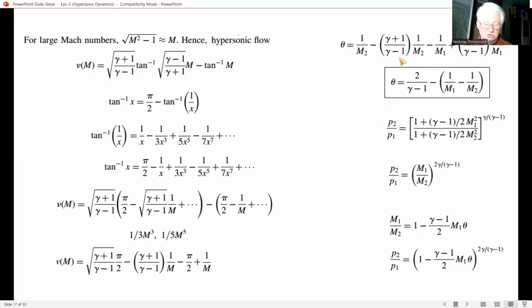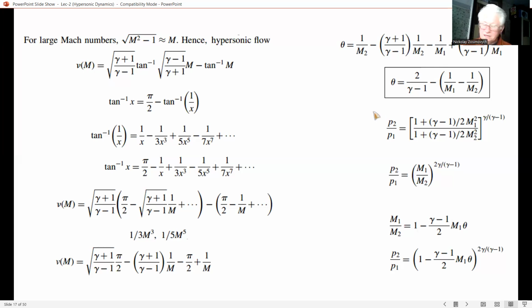Theta is proportional to the root of (gamma plus 1) over (gamma minus 1) times, in parentheses, 1 over M1 minus 1 over M2.